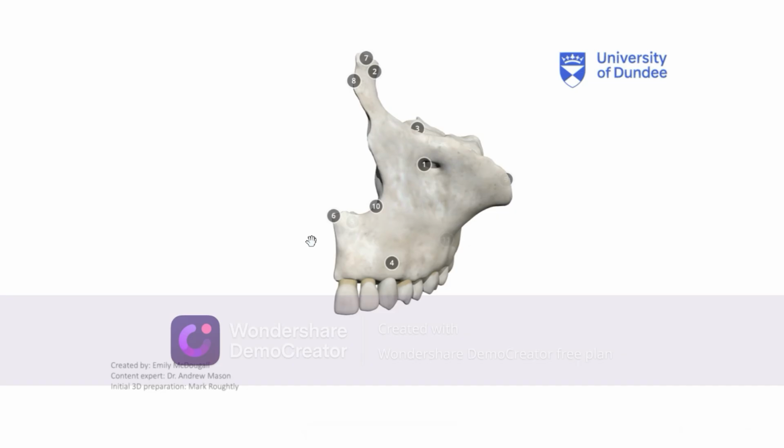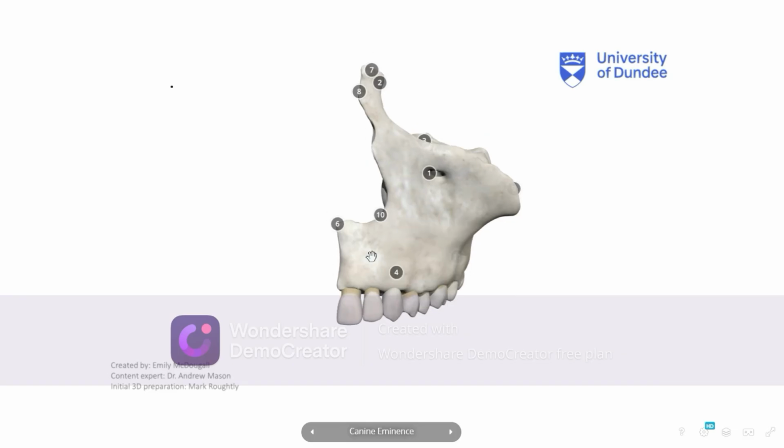The anterior surface is directed laterally. You can clearly see this. It is directed laterally, and all of this area is known as the anterior surface. Now, our first landmark is the incisive fossa, a shallow bony depression located at the anterior facial surface of the maxilla.